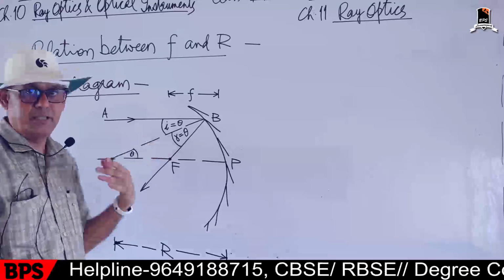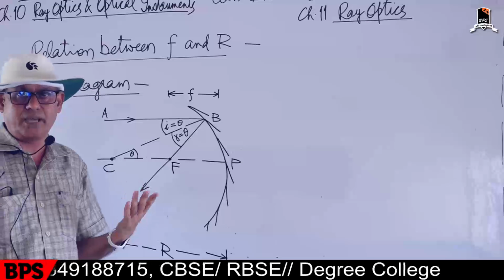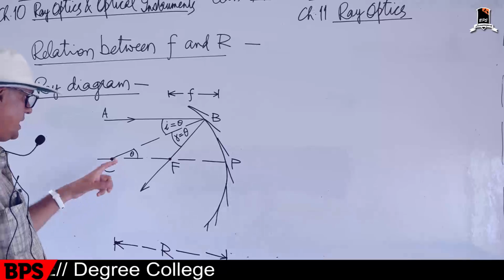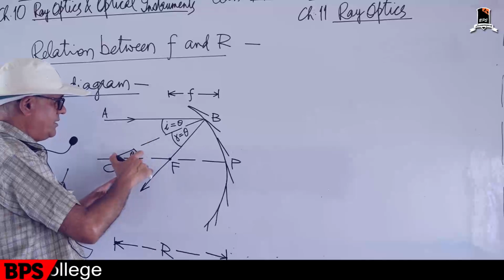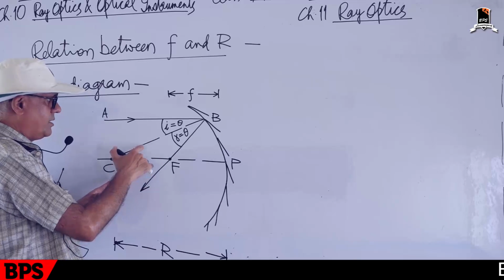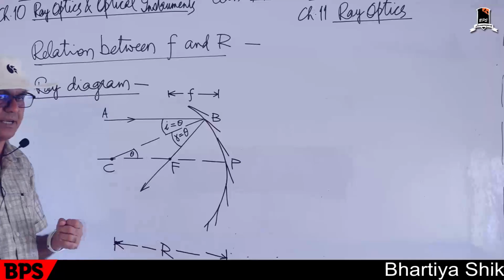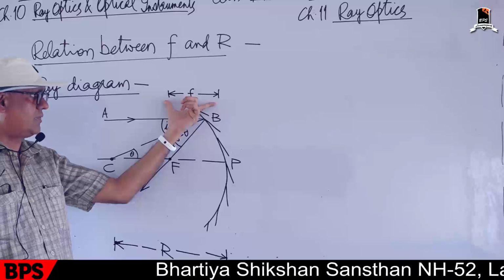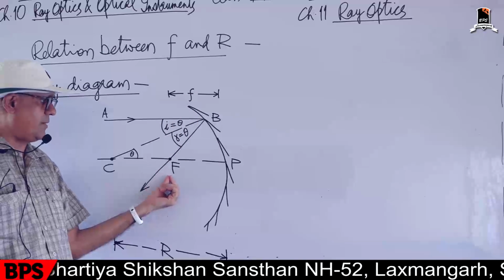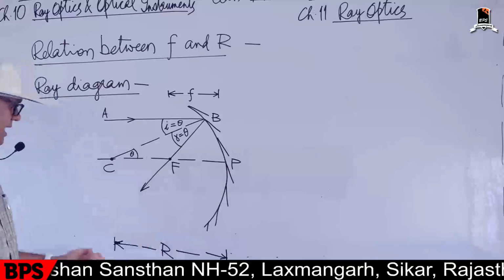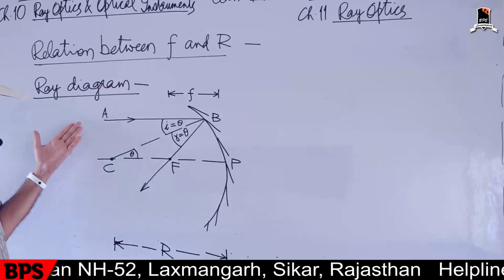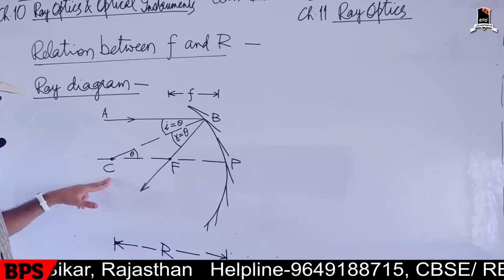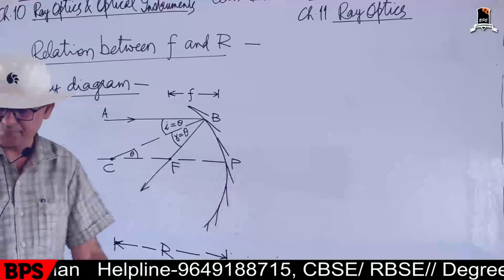This will also be theta because angle I is equal to angle R due to the reflection laws. And if this angle is theta, then this angle is also theta because these two angles are alternate angles. The lengths involved are the focal length, which is between point F and point P, and the radius of curvature, which is between point C and point P.